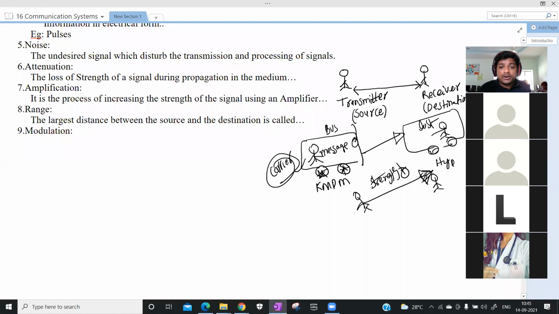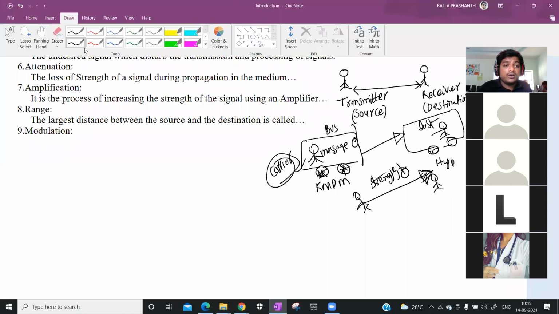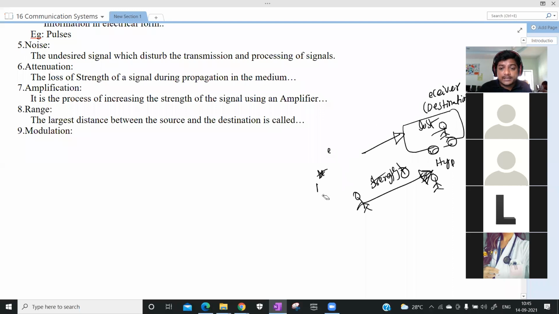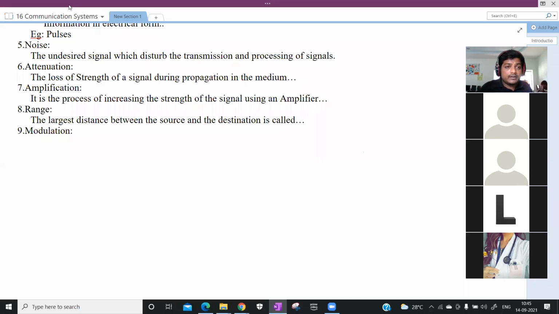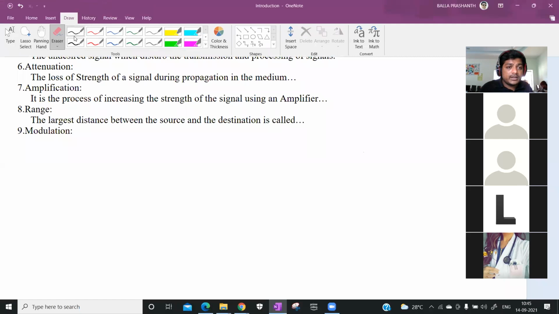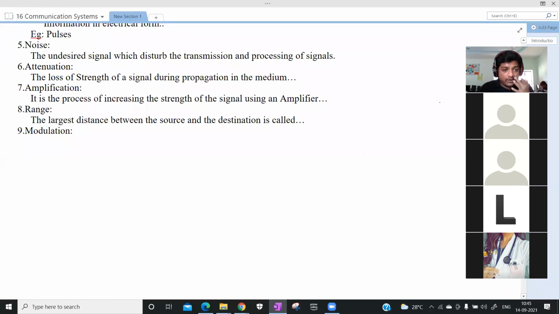Okay, Nana, this is called modulation. Now, how to define modulation? What is modulation? Can you define what is modulation?